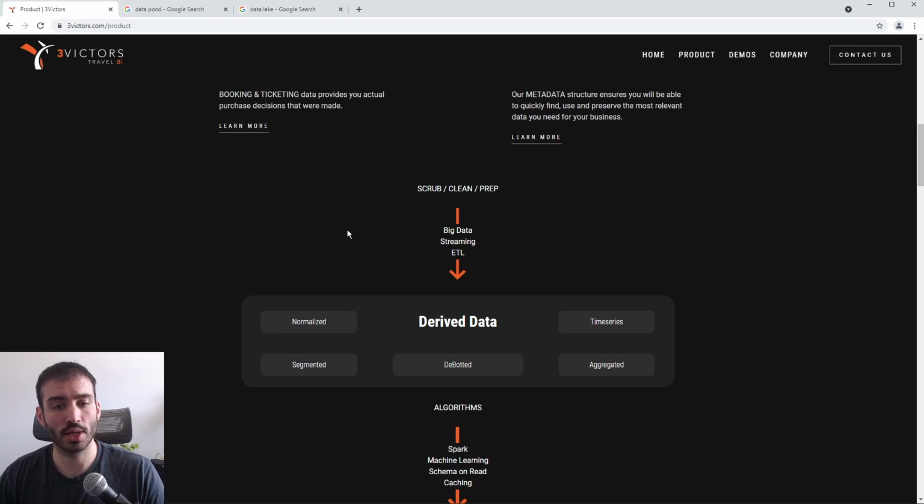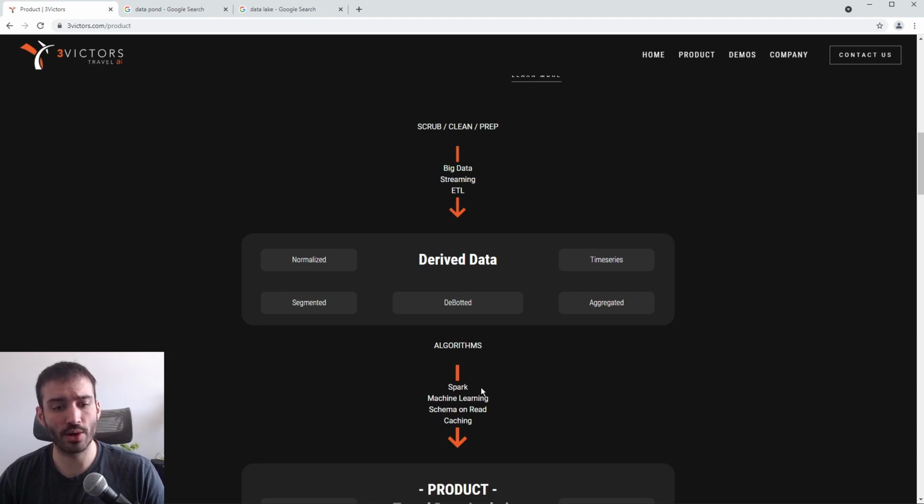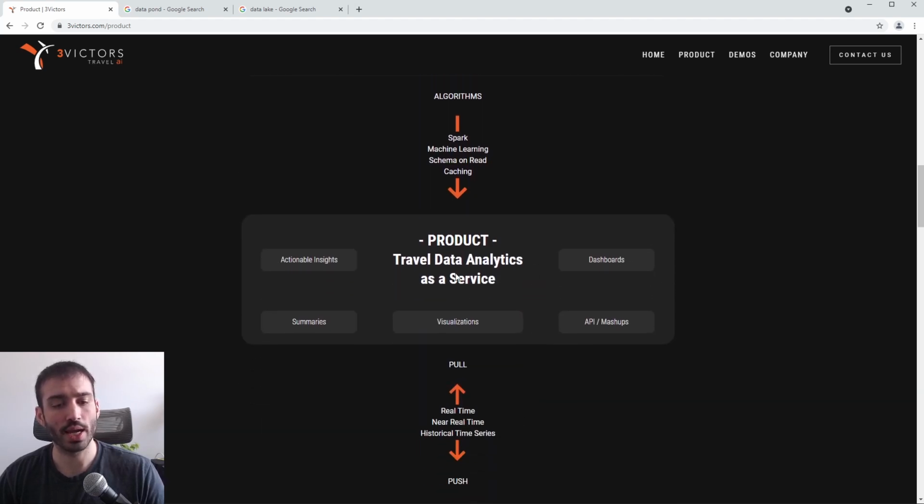Okay, so they have all this data that's feeding into this pipeline here where they normalize it, segment it, debottle it, aggregate it, and perform some time series analysis, I guess. Then they run some algorithms on it with Spark, ML, schema on read with caching. And then here they have their big product, which is the output at the end of the day: real information that's actionable and useful.